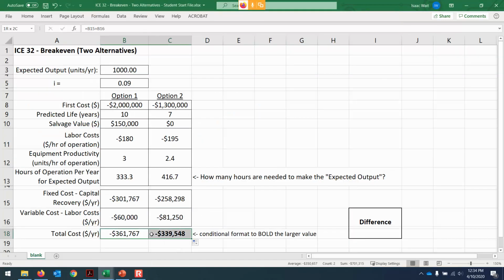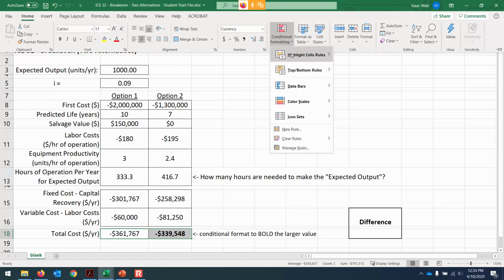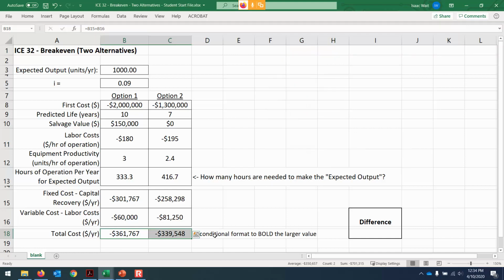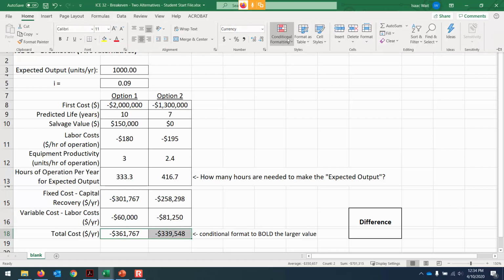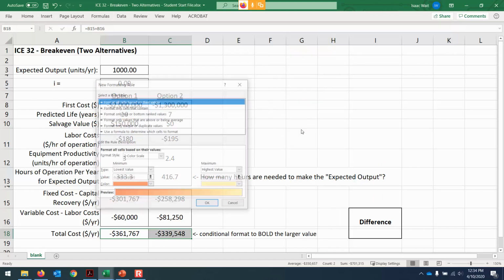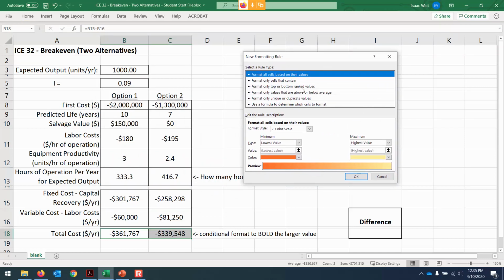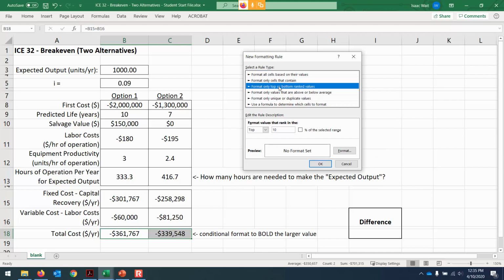And by the way, how do we do that conditional formatting? Let me clear what I have there. So clear the existing rule from the entire sheet. You highlight these two cells and go to Home, Conditional Formatting, New Rule. The new rule that we're going to select is only the top or bottom ranked values, and we want the top one value.